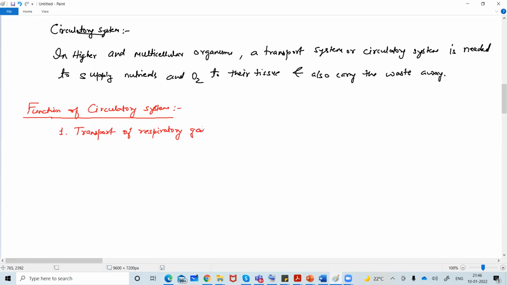In the respiratory gases, we will consider oxygen and CO2 always. There is no other gas. Then nutrients. When we say nutrients, the meaning is amino acid. I've written AA, amino acid, then glucose, right? Fats, etc. All these are also transported. So gas, nutrients, and nitrogenous base.